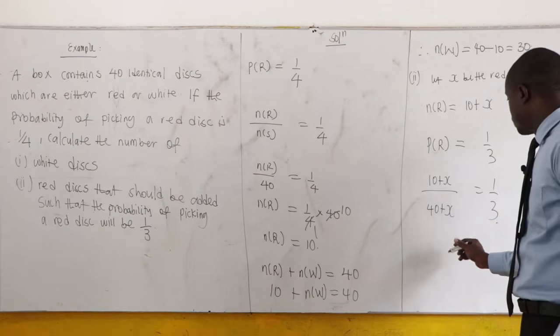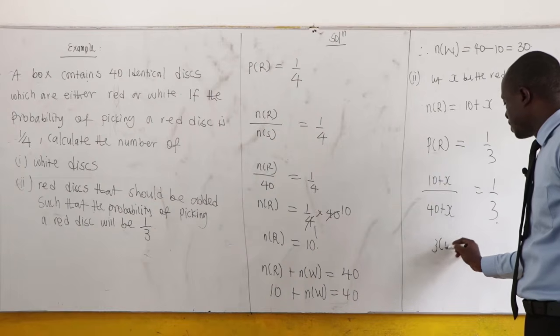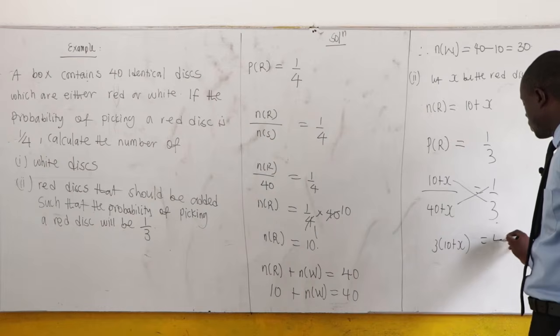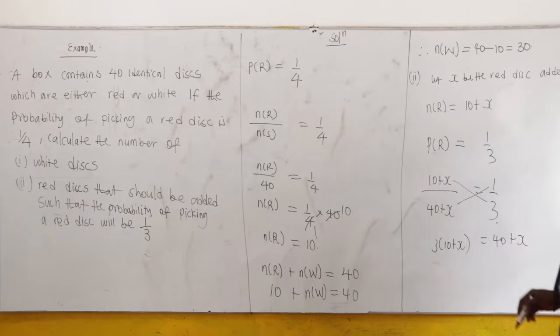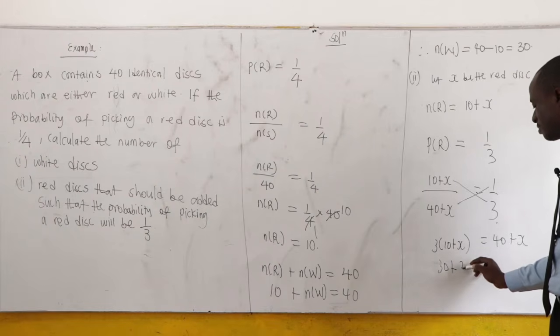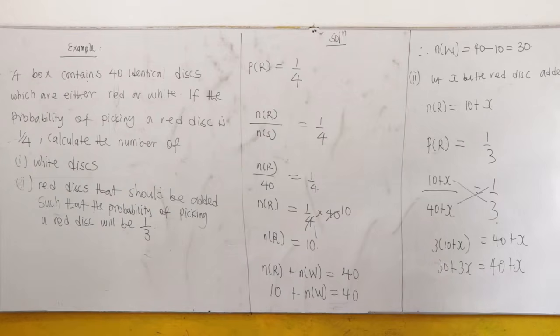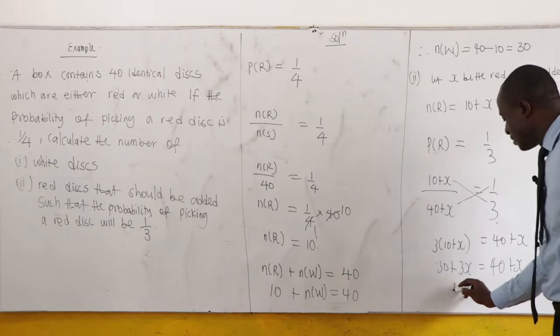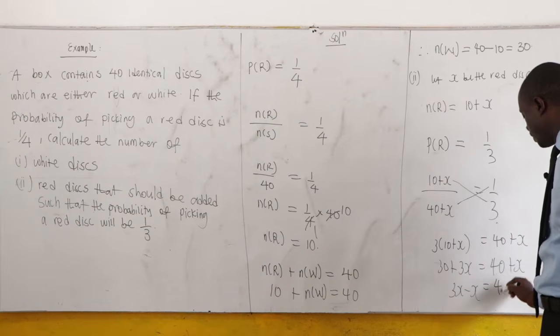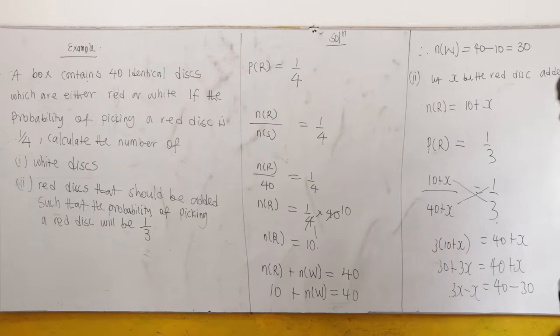Here we can do cross multiplication. So you have 3 times (10 plus X) equal to 40 plus X. 3 times 10 is 30, 3 times X is 3X, so 3X plus 30 equals 40 plus X. We want to find X, so 3X minus X equals 40 minus 30.